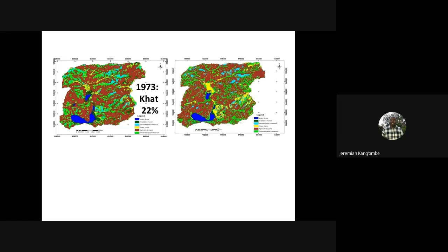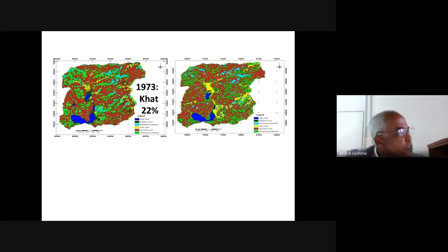Yes, the brown ones, agriculture areas. And these agriculture areas were eventually being covered by one other particular plant that was taking over even the cultivated areas. This happened to be chat or Catha edulis, a stimulant plant.